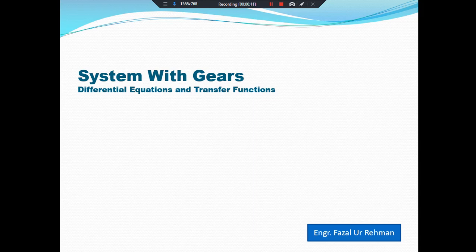Actually, this is also part of the mechanical system. We have already done the mechanical system, having the translational mechanical system and the rotational mechanical system. The system with gears is also part of the rotational mechanical system. If we talk practically, all the motors are rarely seen without an associated gear train driving the load.